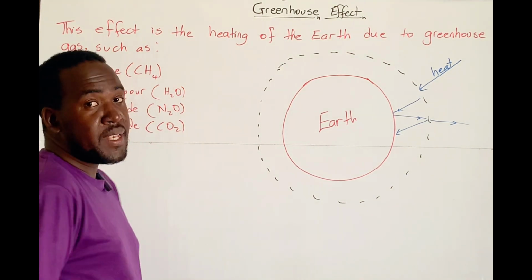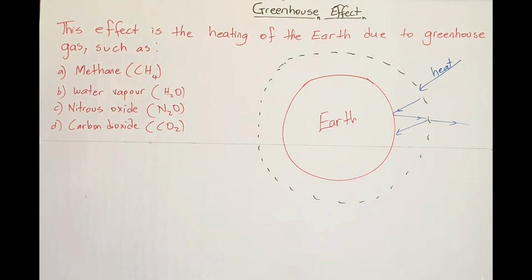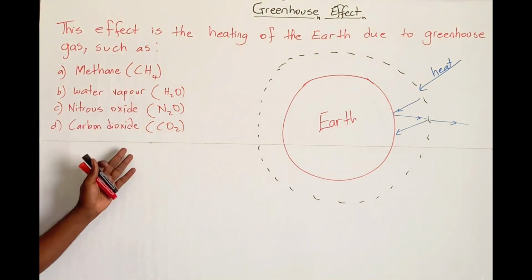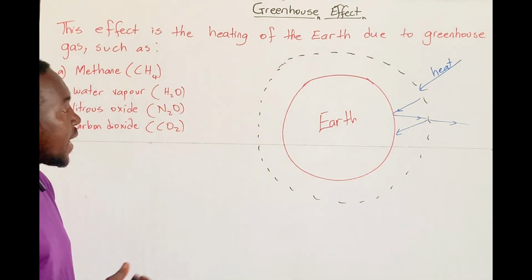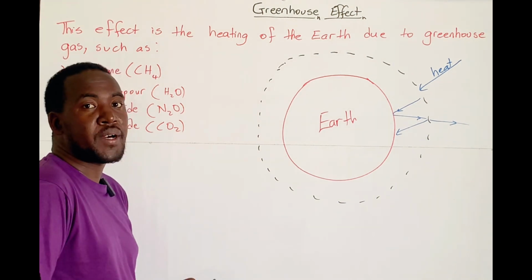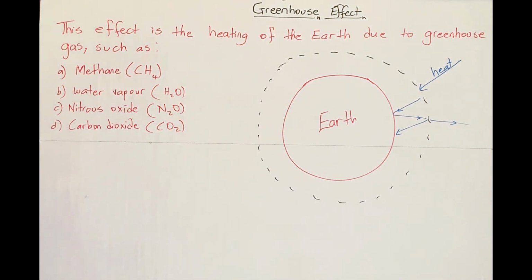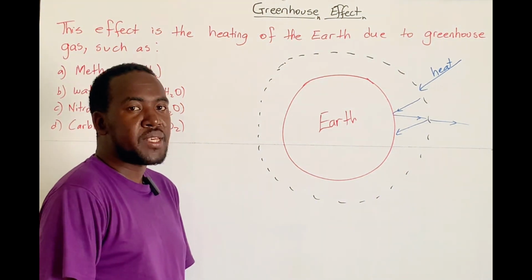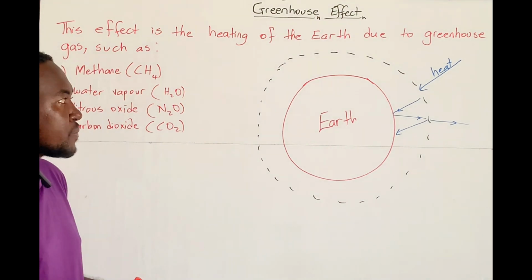Some main greenhouse gases are methane, water vapor, nitrous oxide, and carbon dioxide. These are the greenhouse gases that our syllabus identifies. Now, the important thing is, what do these gases have that will cause them to increase the amount of heat that the earth gets?